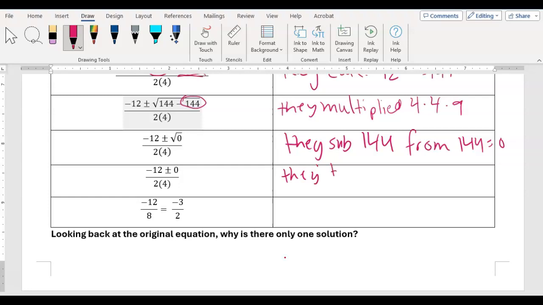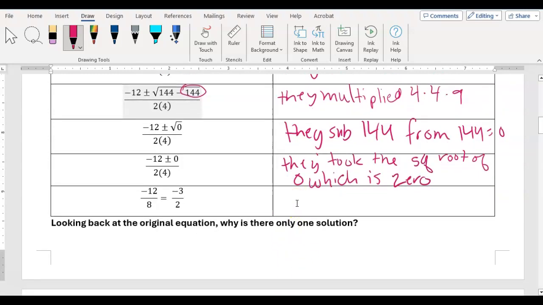They took the square root of 0, which is 0. And then now they have 12 divided by 8, so they multiplied 2 times 4 in the denominator.